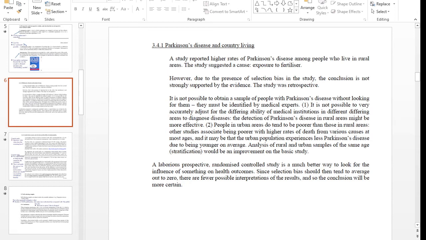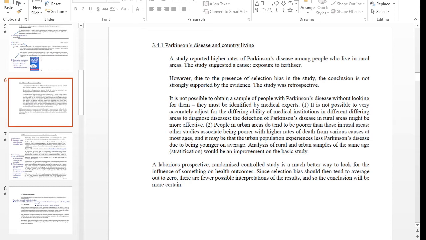So in general, the same method that you would use to avoid Simpson's paradox might be usable to avoid selection bias if you could do an experiment, which you couldn't in this case, because there's no way you could assign people to spend their entire life, for the benefit of a science experiment, living either in a rural area or an urban area. That's not possible.